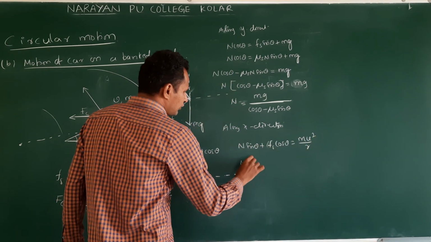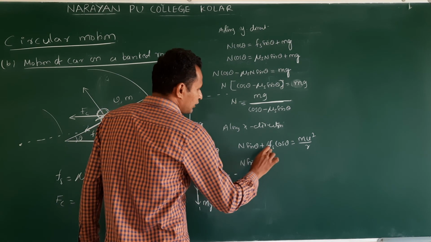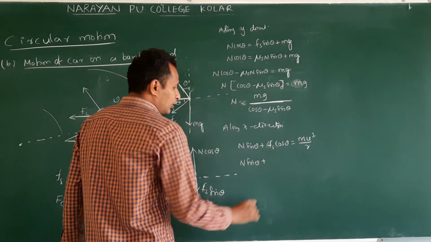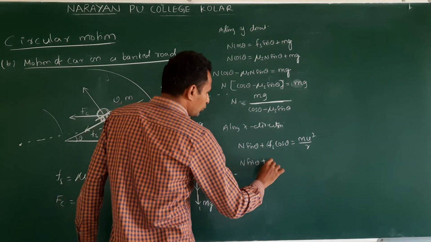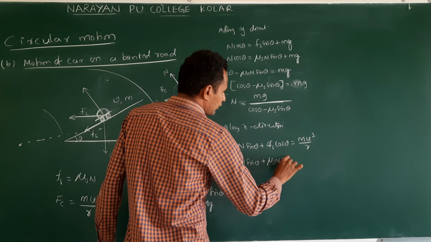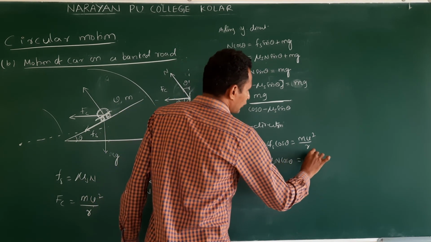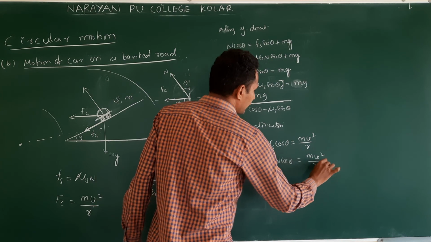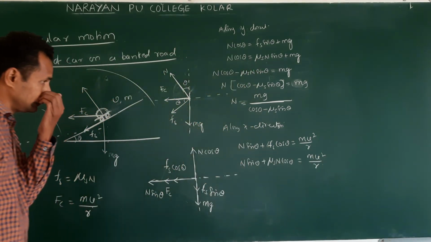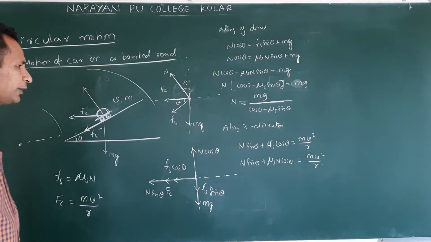So N sin theta plus, already we mentioned, mu s N cos theta is equal to mv square by r. Okay.